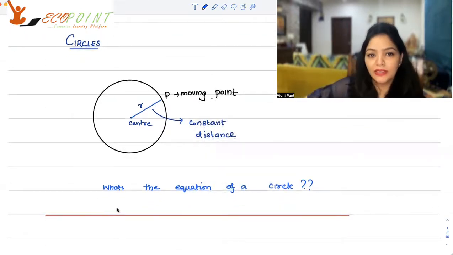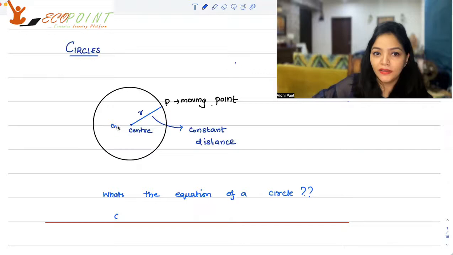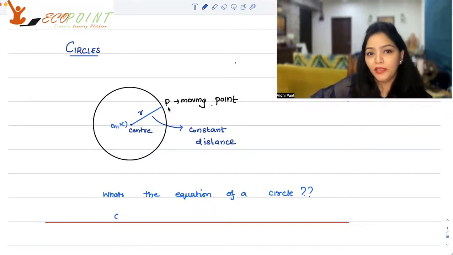The equation of a circle is that the distance is the same. So using the distance formula, you can create this equation of the circle. Suppose the center is (h, k) and this point P is (x, y) on the plane. Then the distance between these 2 points is fixed no matter what values x and y take.